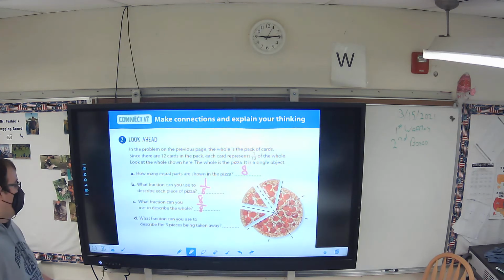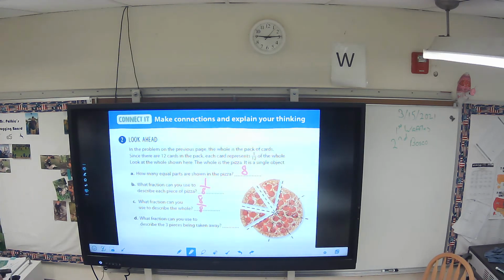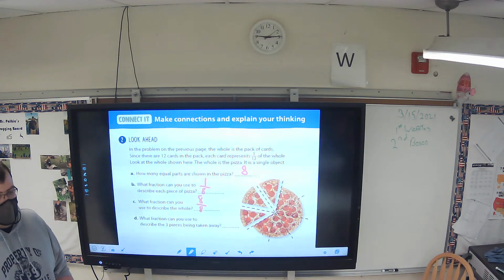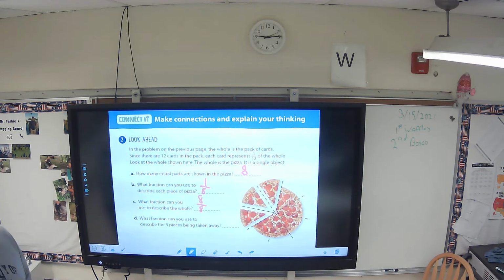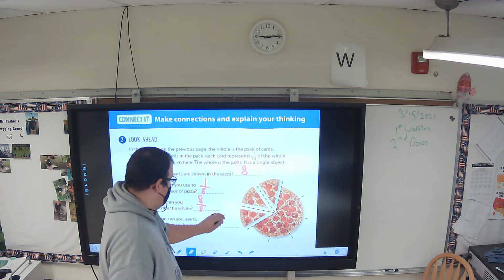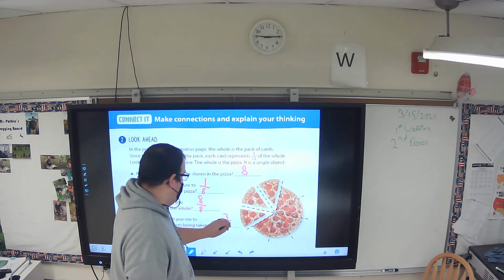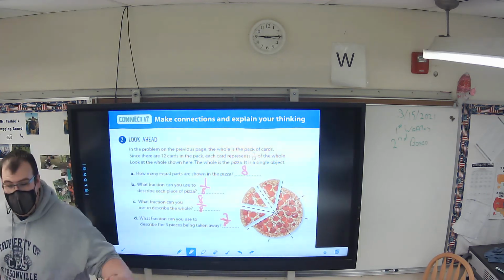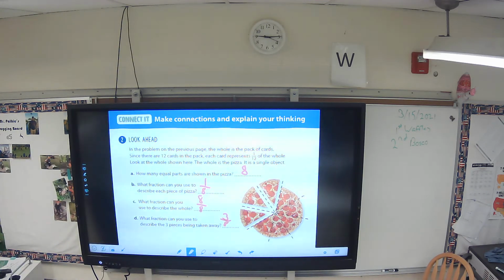What fraction can you use to describe the 3 pieces being taken away? Cole? 3/8. 3/8, right? We're taking 3 away out of 8 whole pieces, right? Yes, Nolan. I did 8 minus 3.